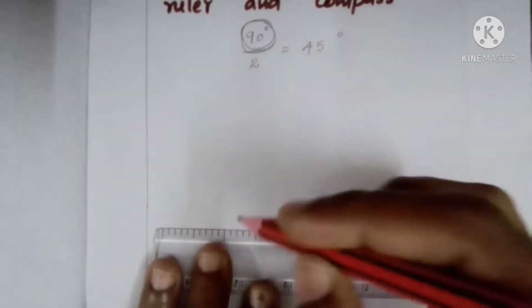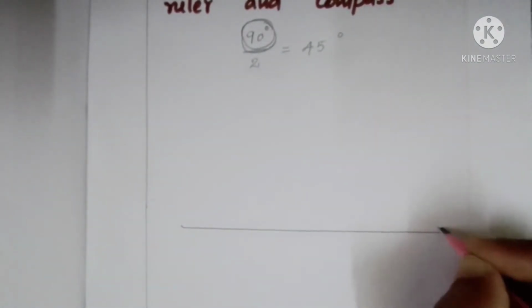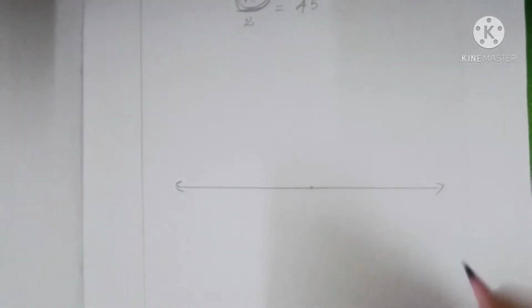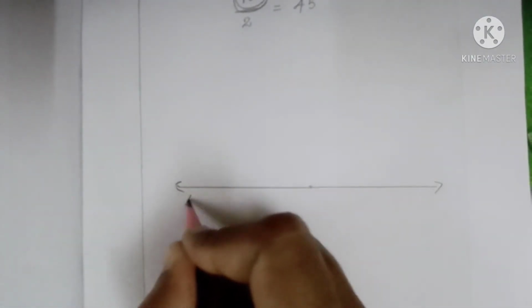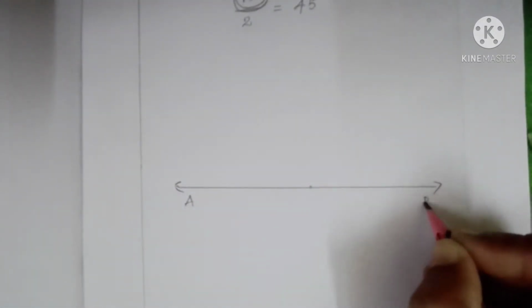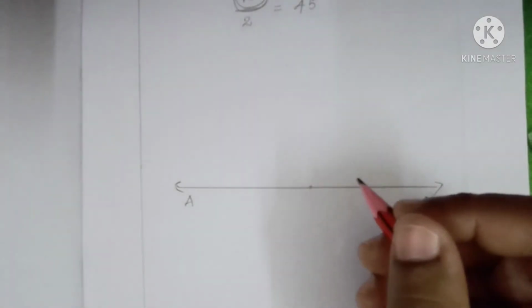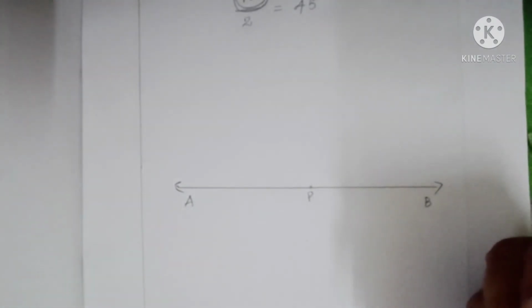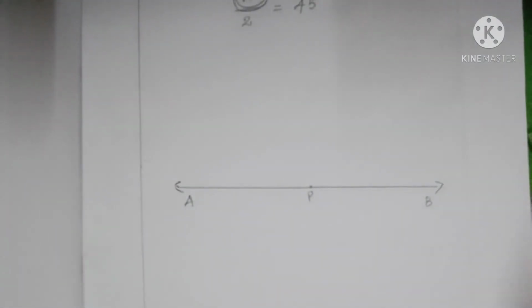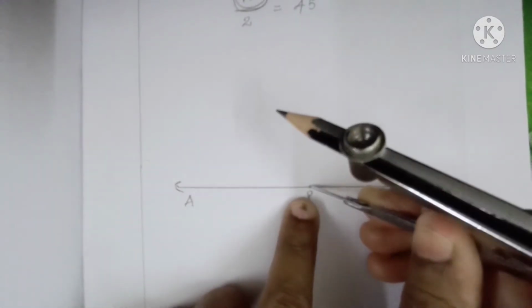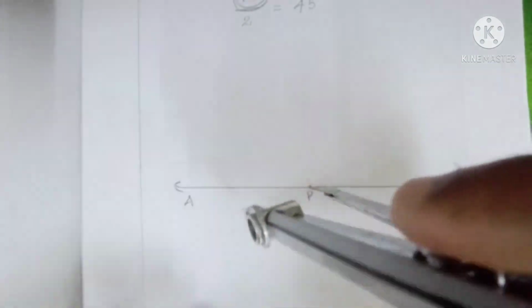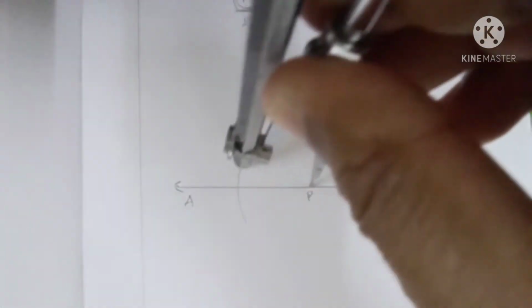So draw a line AB and mark a point P. Then with P as center, with any radius, draw a semicircle.